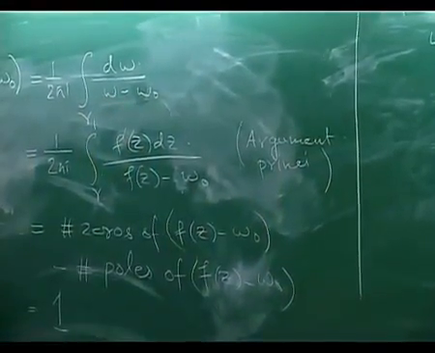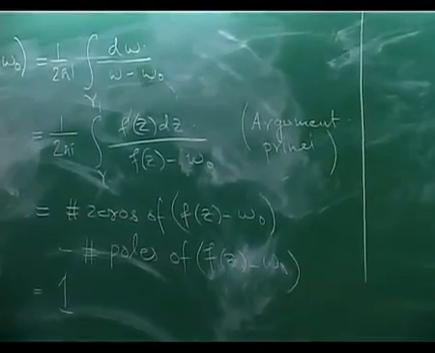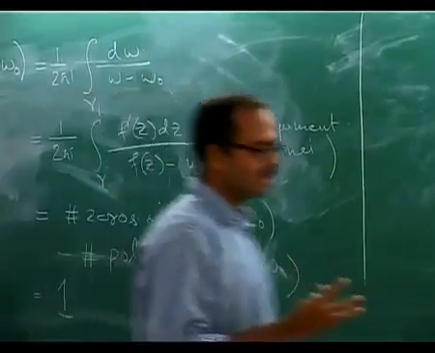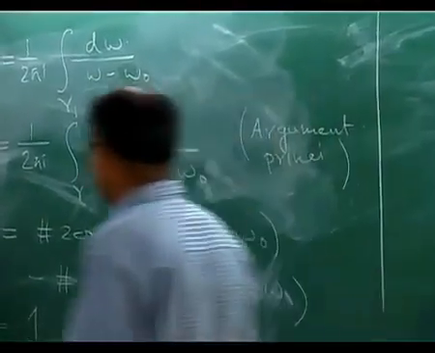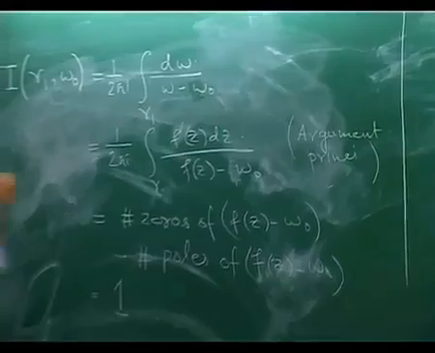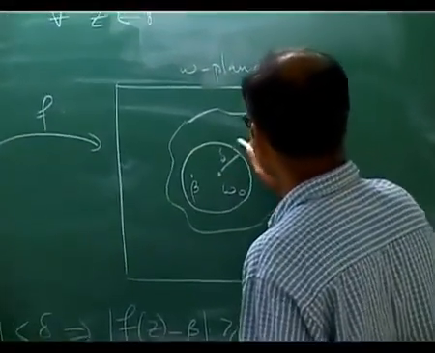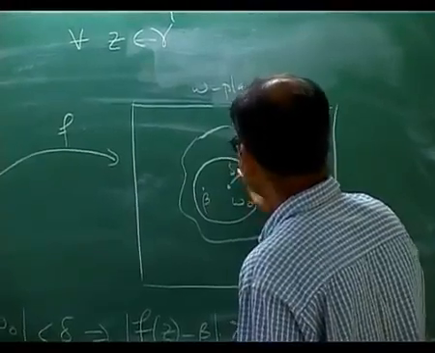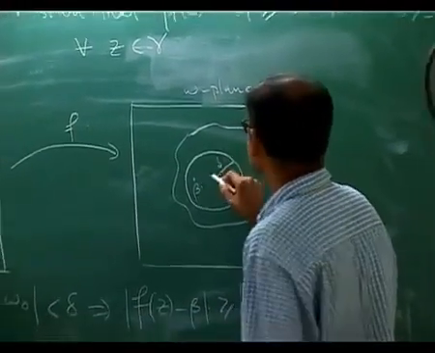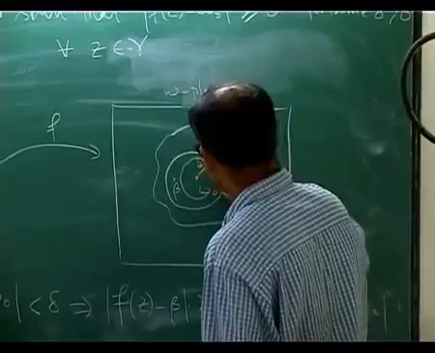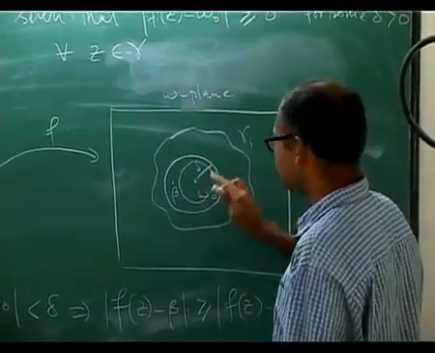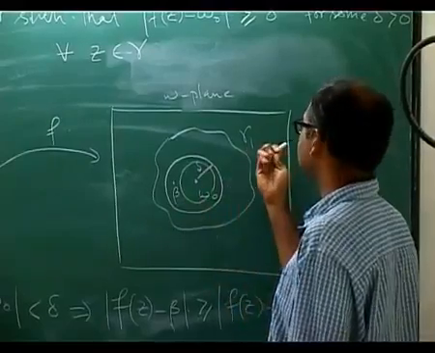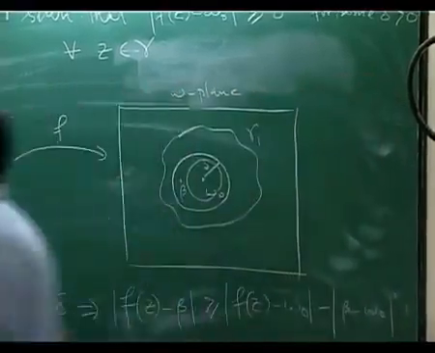Now these winding numbers are constant in a connected component of the complement of the curve. So how do we do that? If we can find a small disk, maybe even smaller than this delta, which is entirely inside a connected component of the complement of this curve gamma 1.